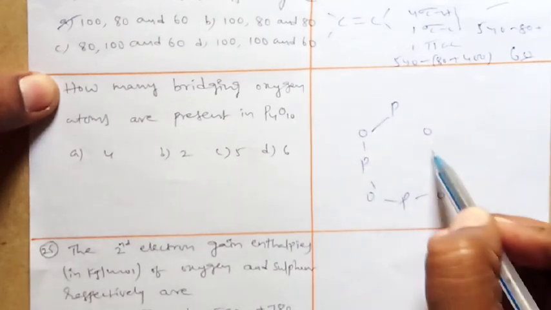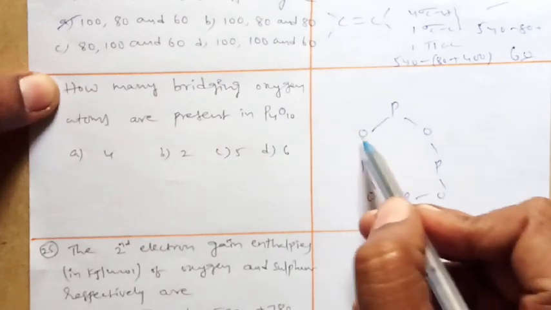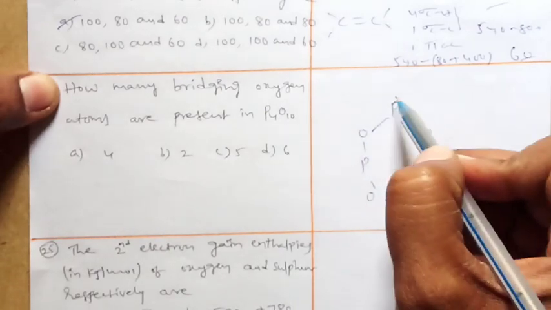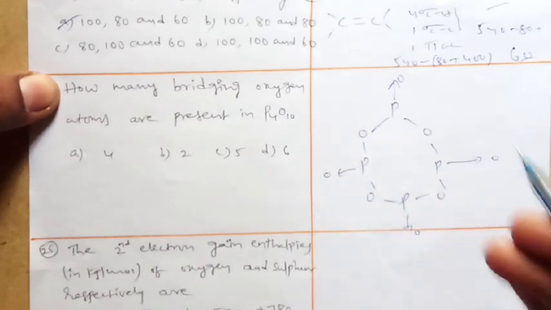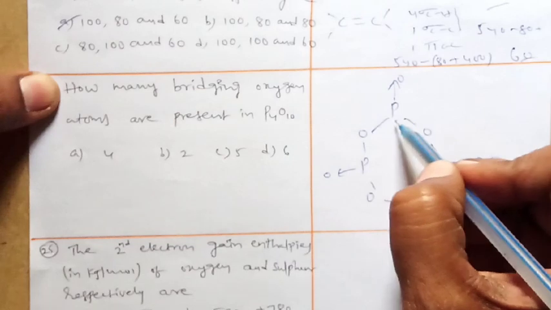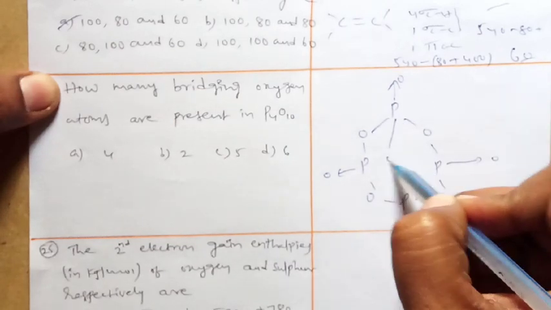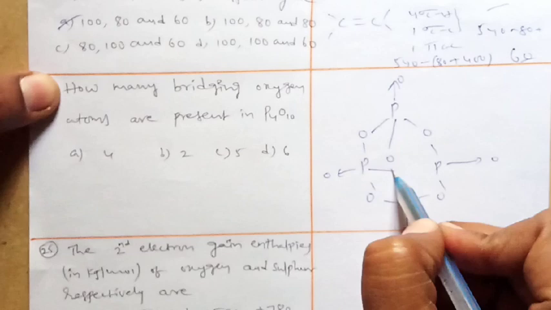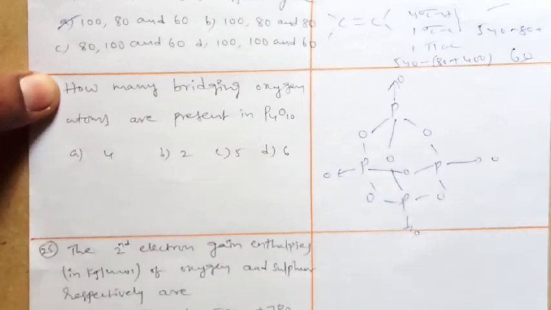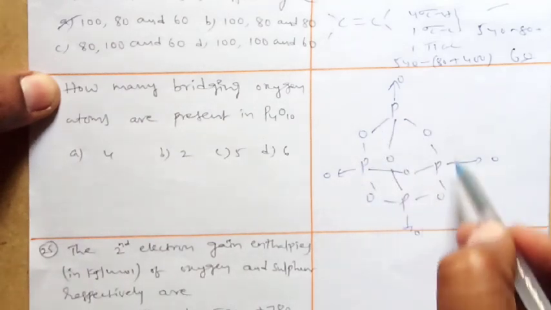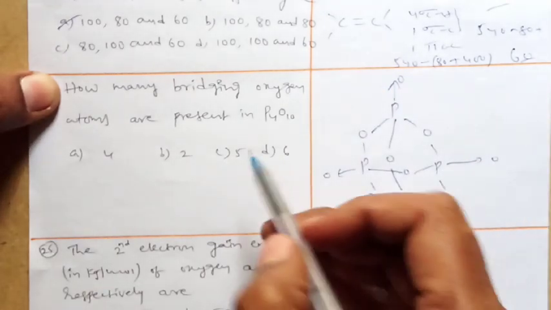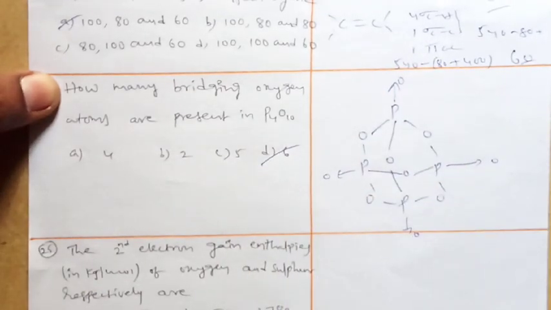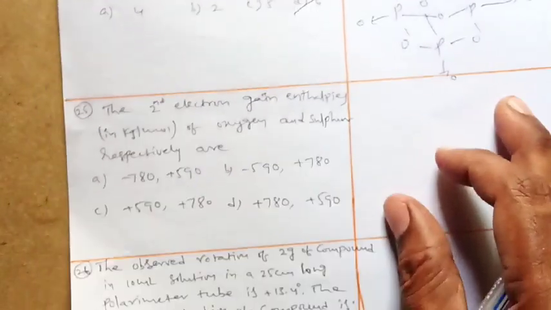If you attach them, you get the structure with 4 oxygens, and then one more oxygen on each, so a total of 8. In between two phosphorus there is one oxygen, in between two more phosphorus one more oxygen. How many oxygens are present in the bridge? 4 and inside 2, so a total of 6. 4 are outside. So we get 6. Is it clear? Now look at the next question.